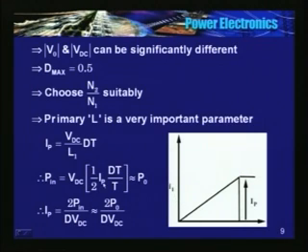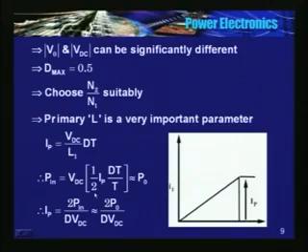It is nothing but half of IP, the peak value, into D divided by T. It is the area of this triangle divided by the time period. The area of this triangle is half IP into D, divided by the time period. So, this is the average input power.